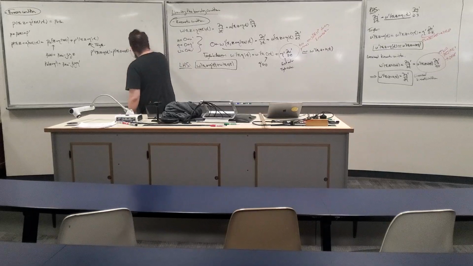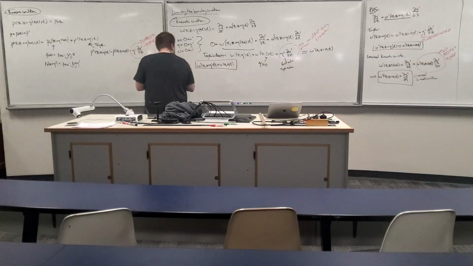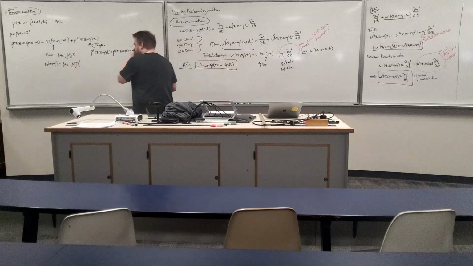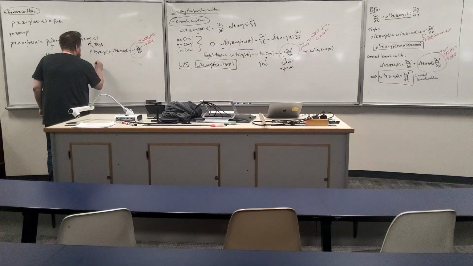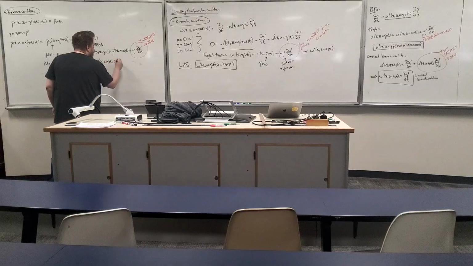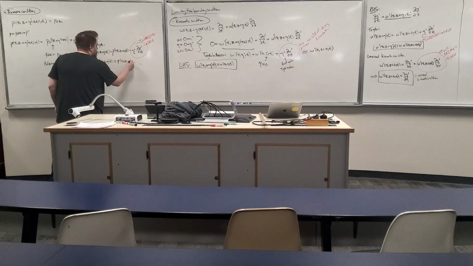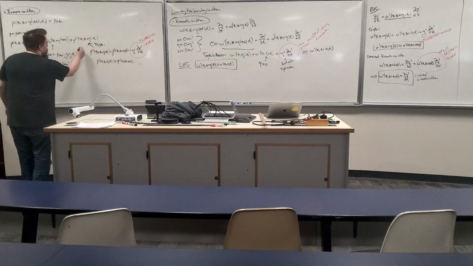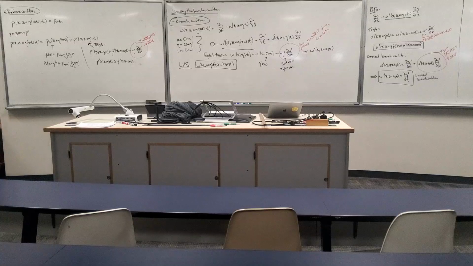But this term here has 2 primes, and so we drop it. We end up with p prime of x, z equals eta prime and t is roughly equal to p prime at x, z equals 0, and t. The vertical line here marks 2 separate pieces of analysis.